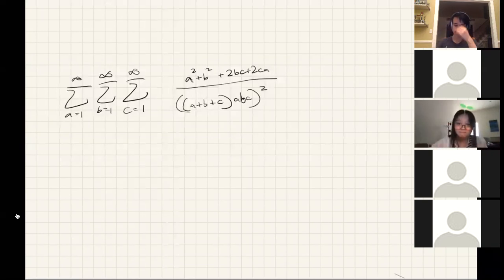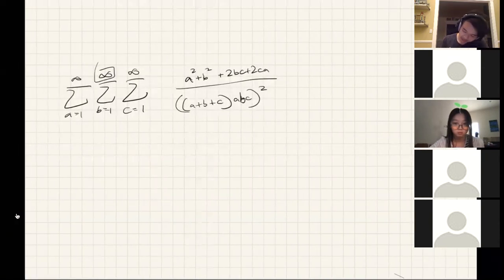So this is another thing that I made. Once again, notice that A, B, and C are all going to be summed from 1 to infinity, right? They're all summed in the same range. So that means A, B, and C can all be interchanged, and the sum will still end up evaluating to the same exact thing.